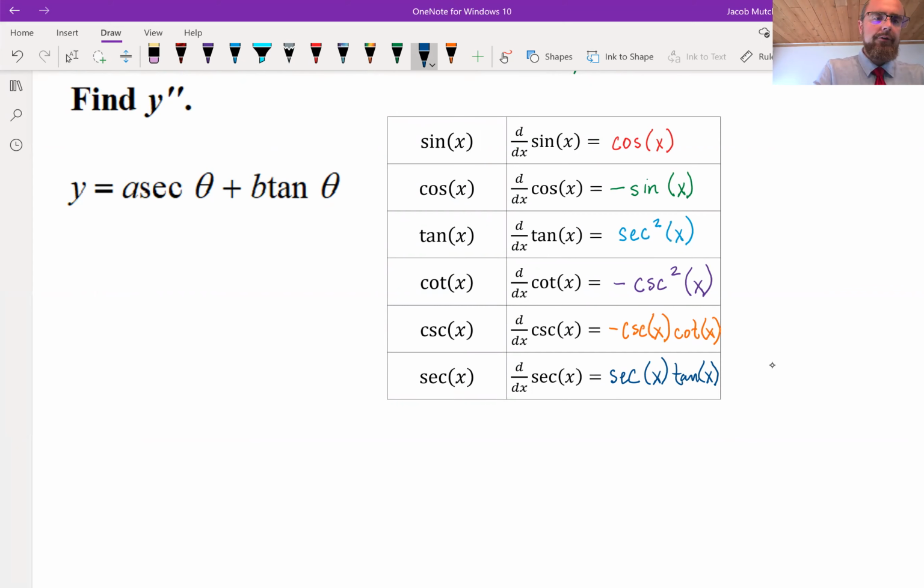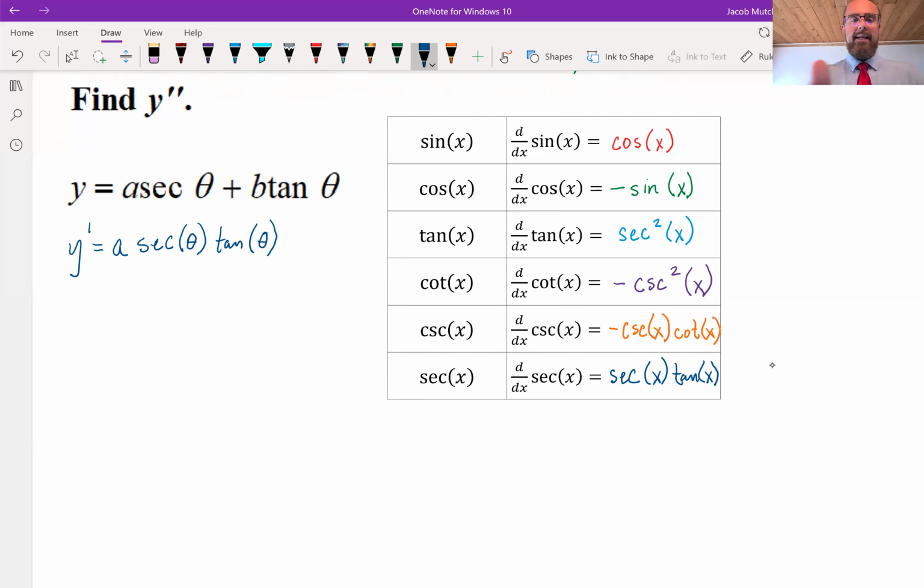So for the first derivative, I'm going to apply my constant coefficient rule, so that a stays in place. The derivative of secant theta is going to be secant theta times tangent theta. Remember that theta is just a description of the independent variable, which in this case could be x or theta.